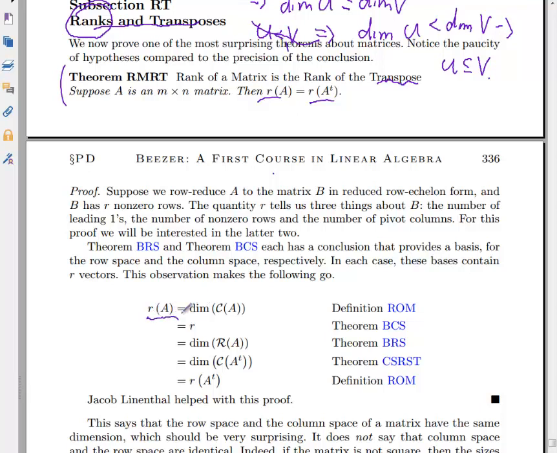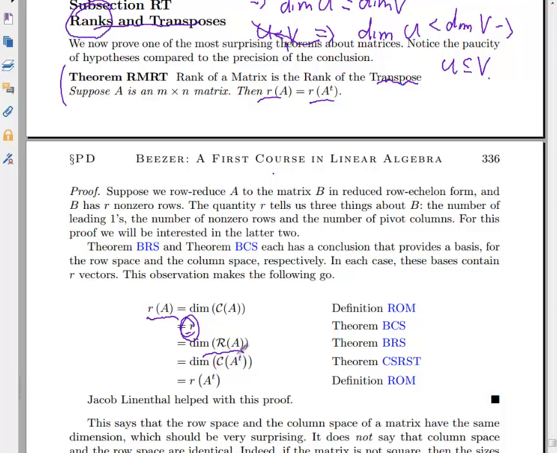So the dimension of the column space is the rank of A. We know that by definition. And that's r by hypothesis. That's the number of pivot columns. The number of pivot columns is the dimension of the row space. The dimension of the row space is the dimension of the column space of the transpose.